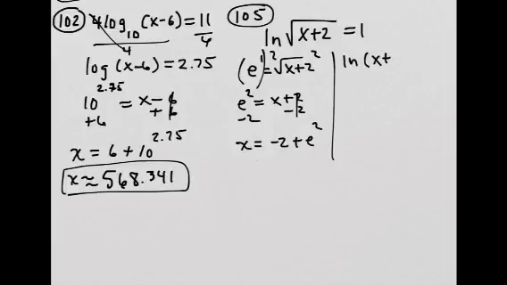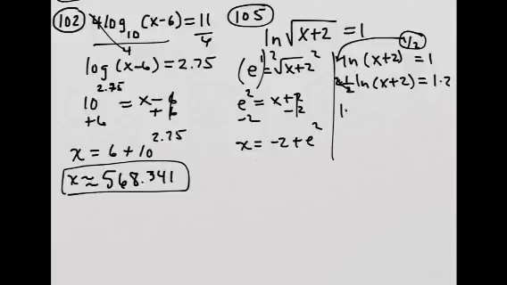You could also use the properties of logs, where this is to the 1/2, so the 1/2 goes to the front. It seems a little longer though. So I'm going to multiply by 2, and this cancels. Natural log of x plus 2 equals 2. So this is e squared equals x plus 2.